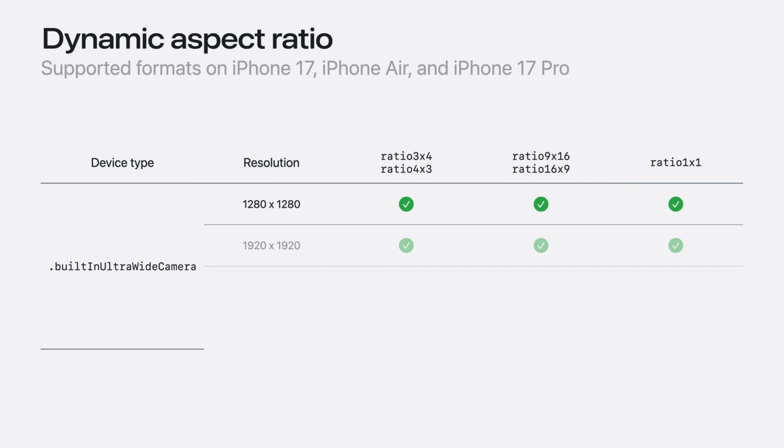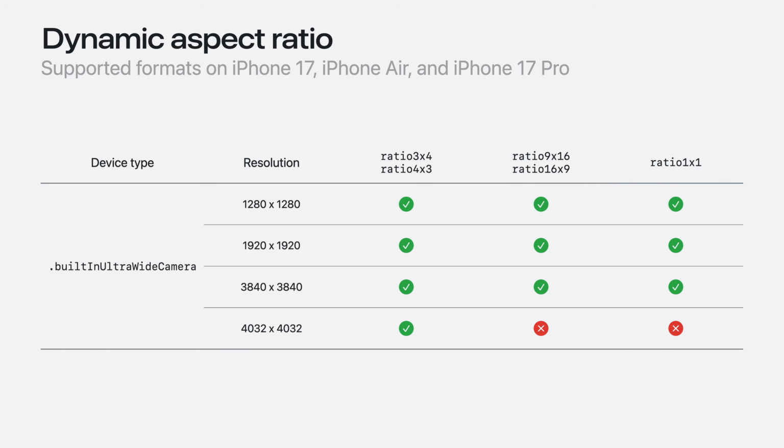Here's a table that lists example formats that support dynamic aspect ratio. It requires the front-facing built-in ultra-wide camera as mentioned before. It's only supported on the square formats with resolutions ranging from 1280 up to 4032.